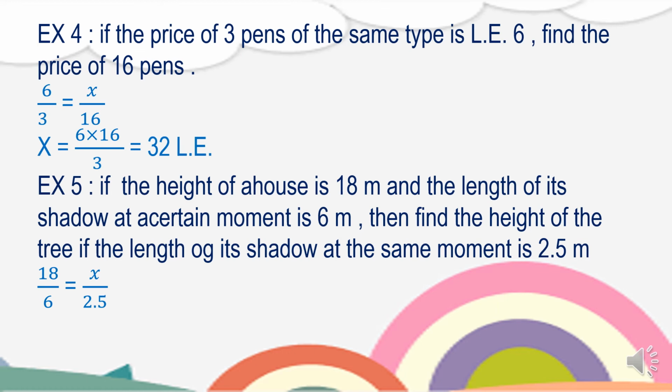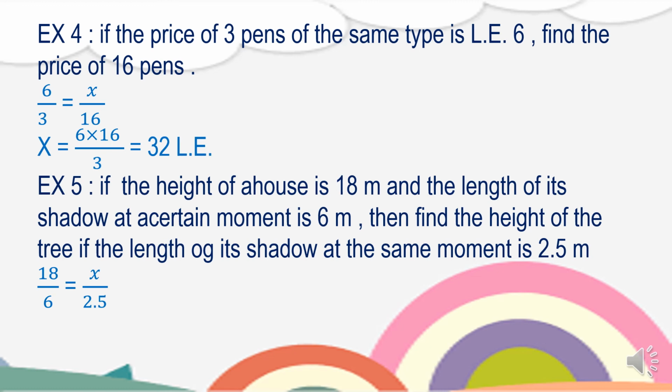Again, I have the real height of the house and the length of its shadow. So 18 over 6 equals. What do I need to get, the real height or the length of the shadow? Yes, I need to get the real height, so I put the symbol in the place of the real height over the length of the shadow.